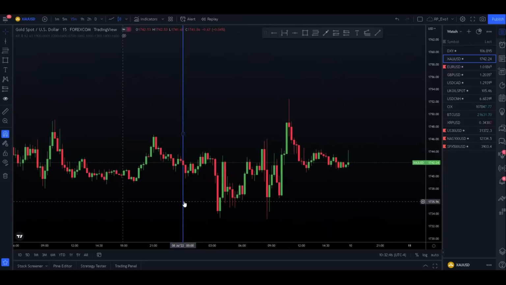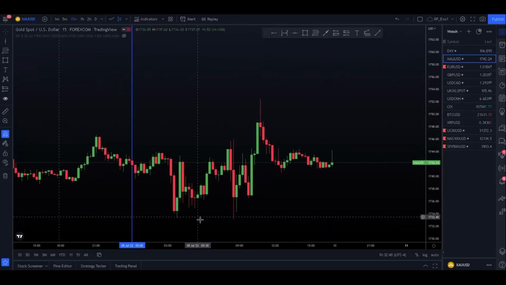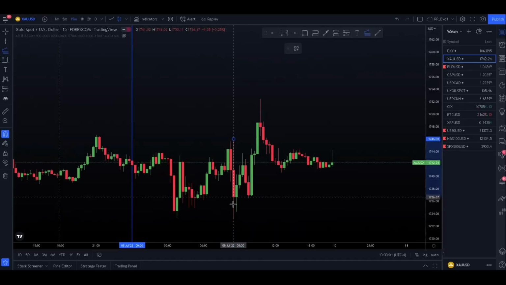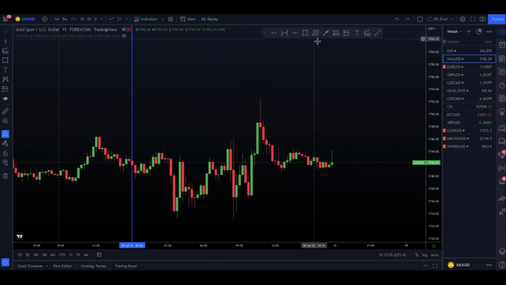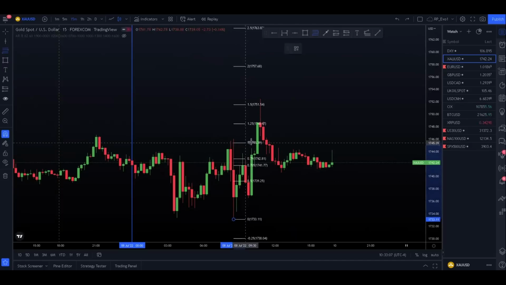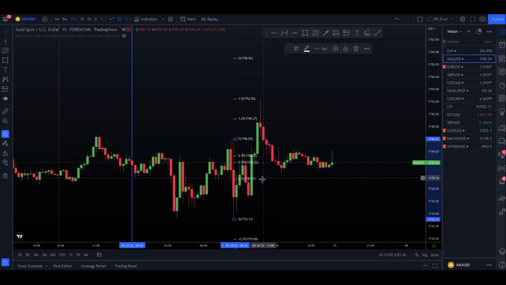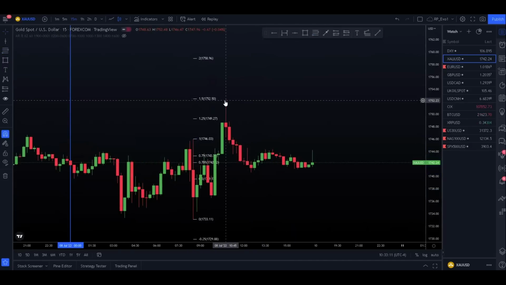So true day opening, midnight, dealing range. This was your high to low when you're looking for the move before the noon session. I mean, this is perfect.